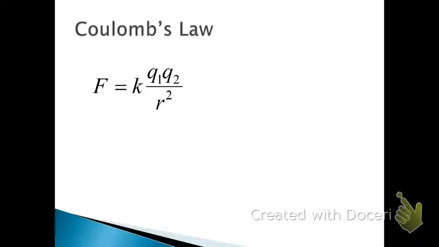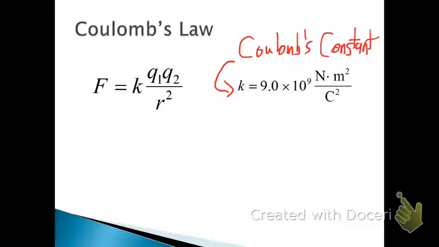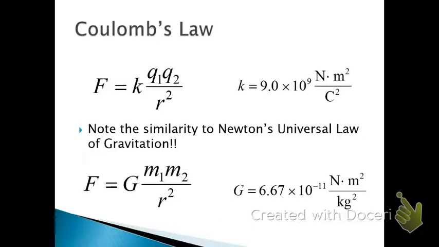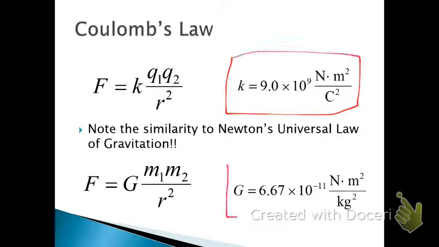And here it is. The force equals K times Q1 times Q2 all over R squared, where K is what's known as Coulomb's constant and is 9 times 10 to the 9th newton meters squared per coulomb squared. It's really, really similar to universal gravitation. The main difference, well, there are two of them. One, electricity is way stronger than gravity, like absurdly stronger.